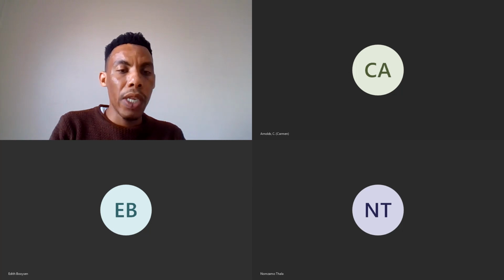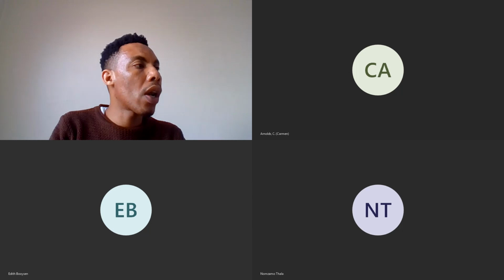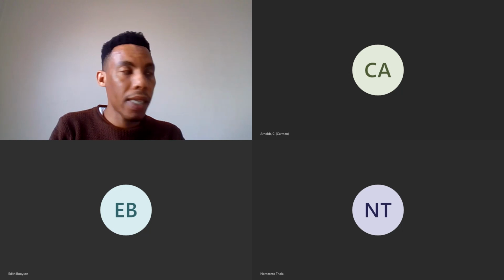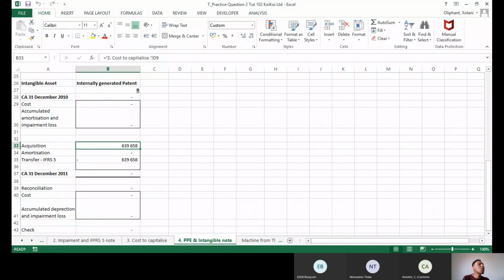When we need to amortize this asset, we know how long we're going to have it. I'm talking about the patent now. So the useful life of the patent is how long? It's going to be 15 years.